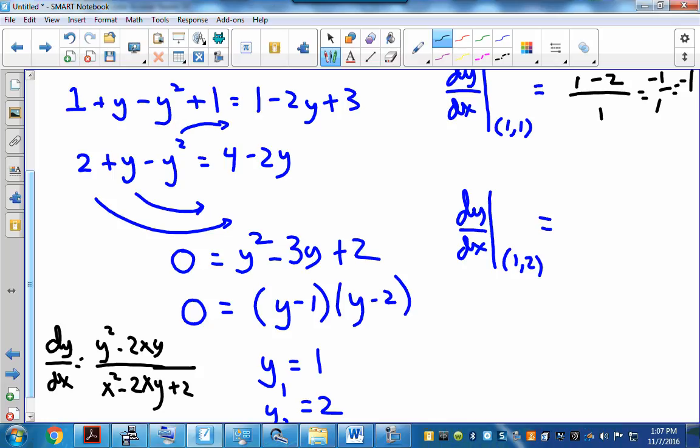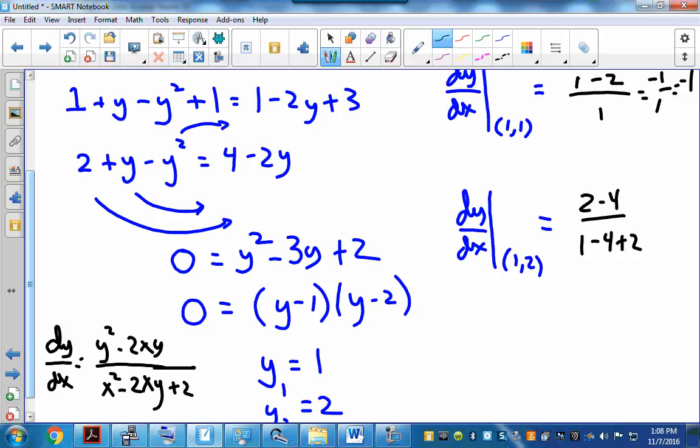And then at the second location, we're plugging in 1 and 2. So we get 2 minus 4, and in the denominator we're plugging in 1 minus 4 plus 2.